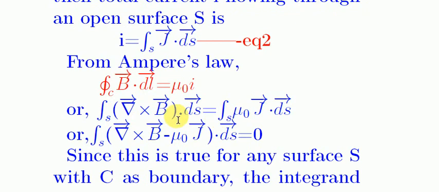So in the next step, we write at the right hand side of Ampere's law, in place of I, open surface integral J dot ds.